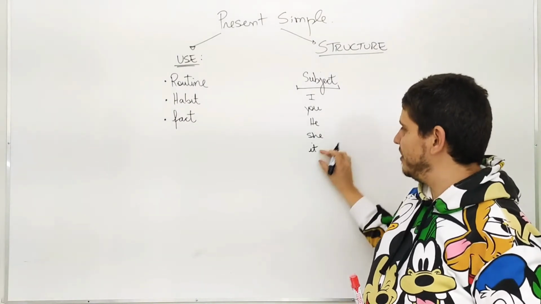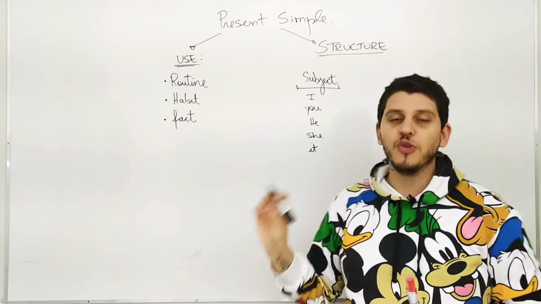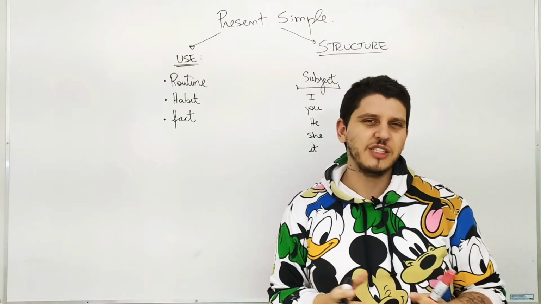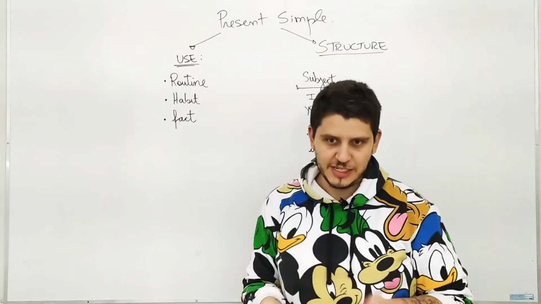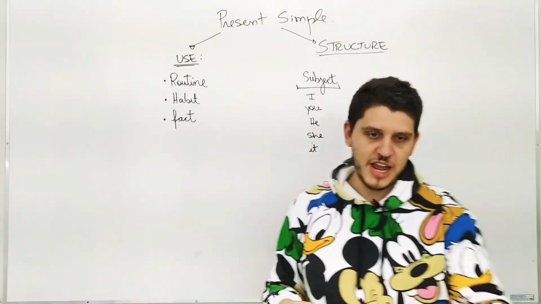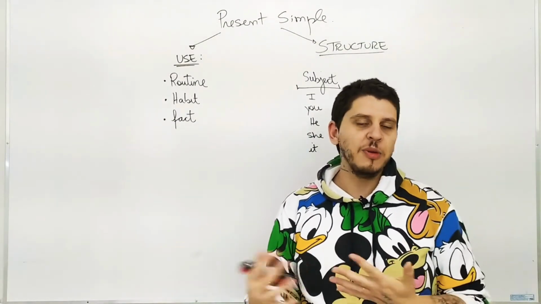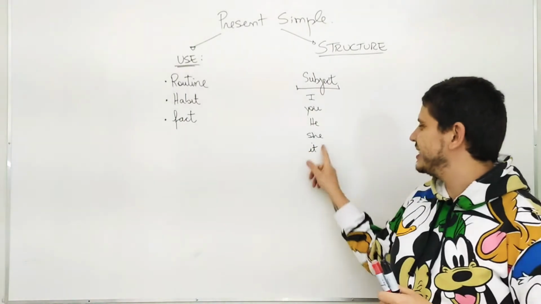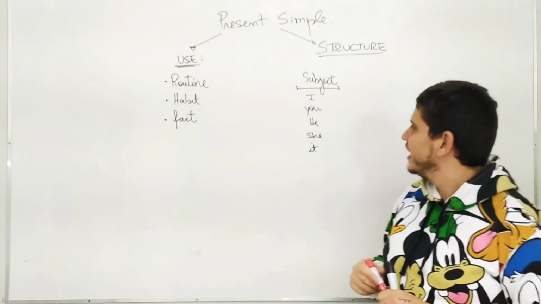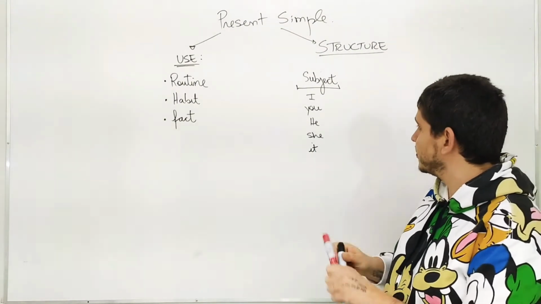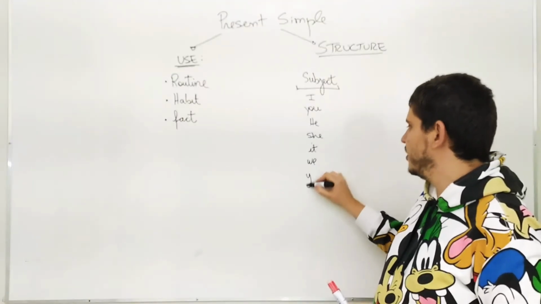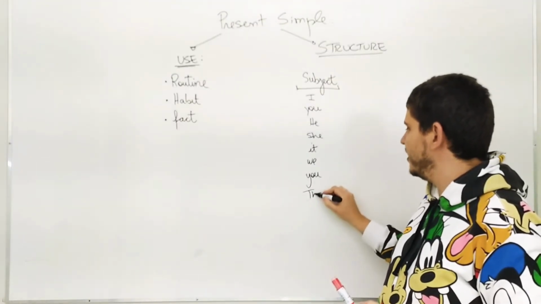It's pretty much the same. It's a pronoun, but we use it for things that do not have a sex. For example, table, chair, window. They are not human beings, so we use it to describe them. We, you, and they.